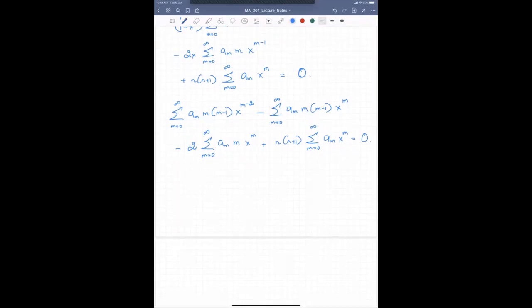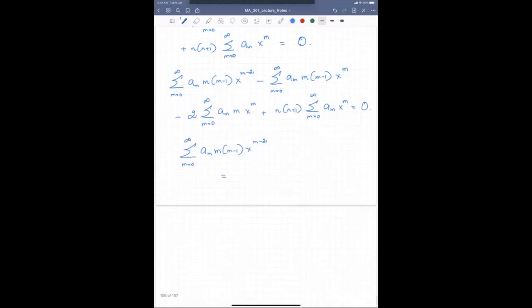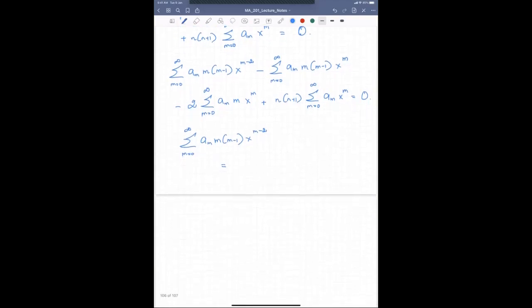So this is the series that I had by plugging in my ansatz into the parent differential equation. And now I'm looking at the first term a bit more carefully. If I write this series out in grotesque form, what does it look like? Well, m equals 0 is 0. m equals 1 is 0.